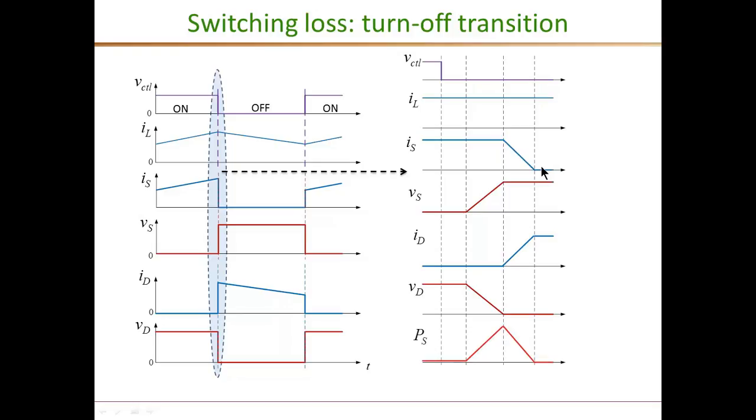In the process, during these two sub-intervals, if you look at this interval, we have across the switch the full rated current, and the voltage is rising, so there's an overlap of high voltage and high current, which results in very large instantaneous power loss.